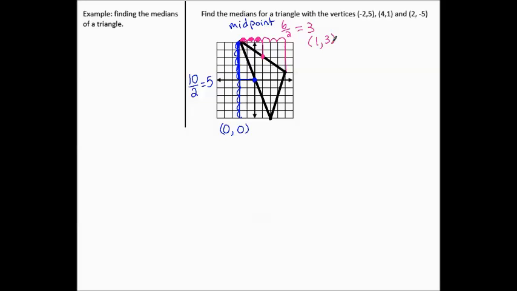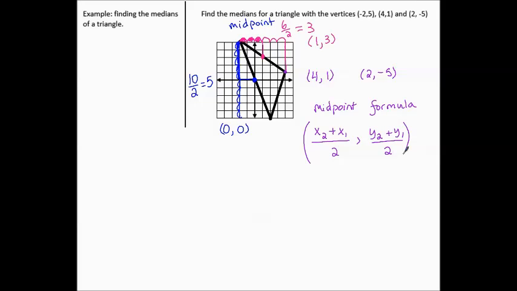Another method you can use for getting the midpoint is to use our midpoint formula. So if we start from point (4, 1) going to point (2, -5), I know that my midpoint formula states that my x-coordinate will be (x2 + x1) divided by 2, comma, (y2 + y1) divided by 2.